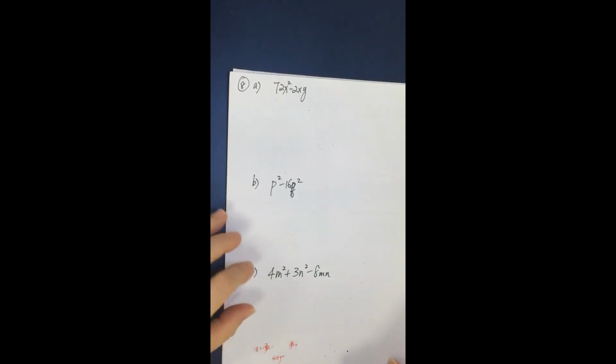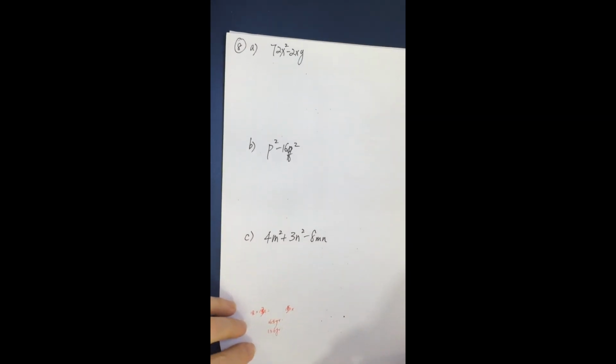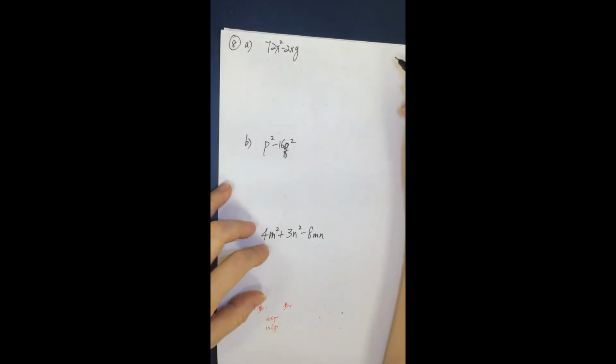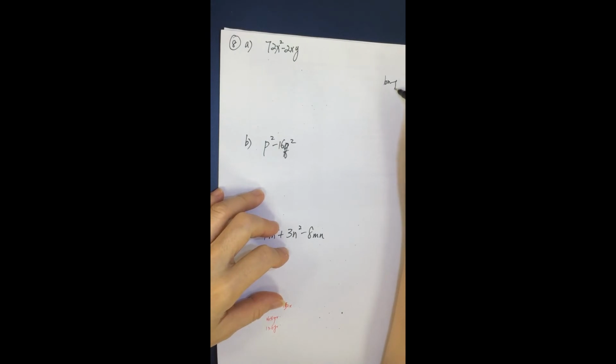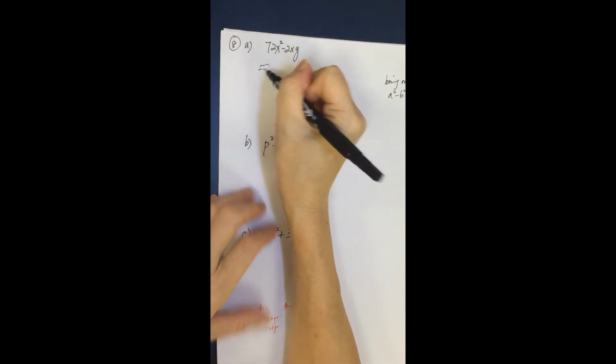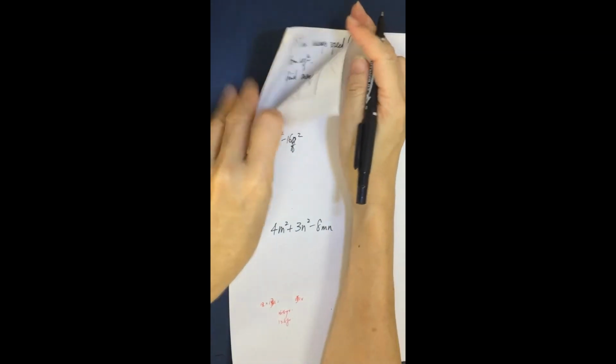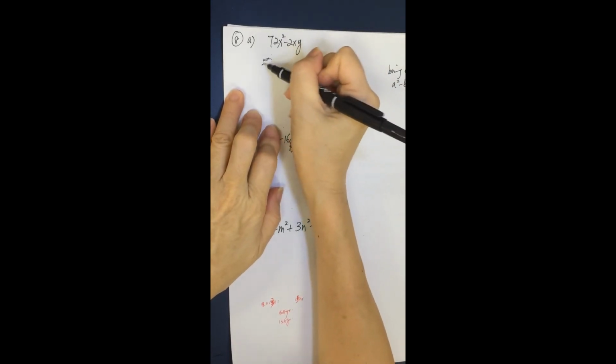Next one. Try to factorize. Factorization with two terms usually is either bringing out common factor, or the other one is going by a squared minus b squared equals a plus b times a minus b. So here I bring out common factor first.